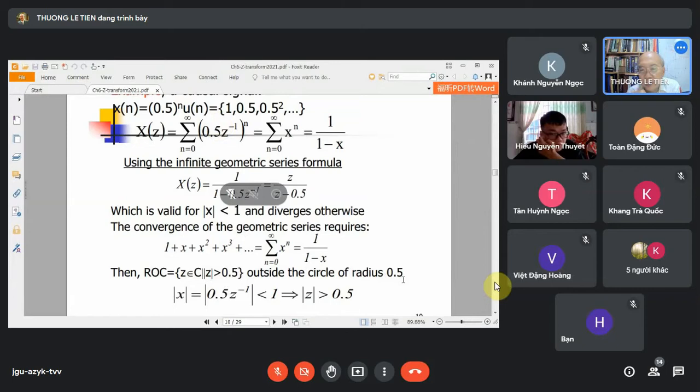Outside, or later on I just say circle 0.5. Region of convergence: outside the circle of radius 0.5.